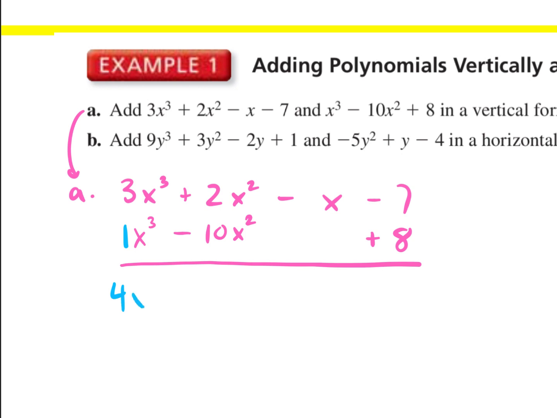This would be 4x cubed. Next we have 2x squared minus 10x squared. What's 2 minus 10? Negative 8x squared. Then we just have minus x, and what's negative 7 plus 8? 1. Yep. So this would be our answer.